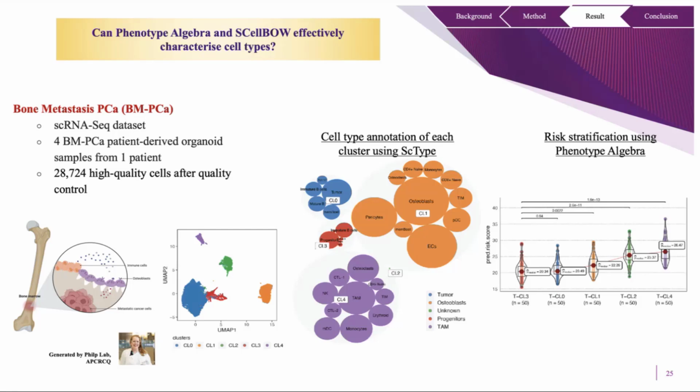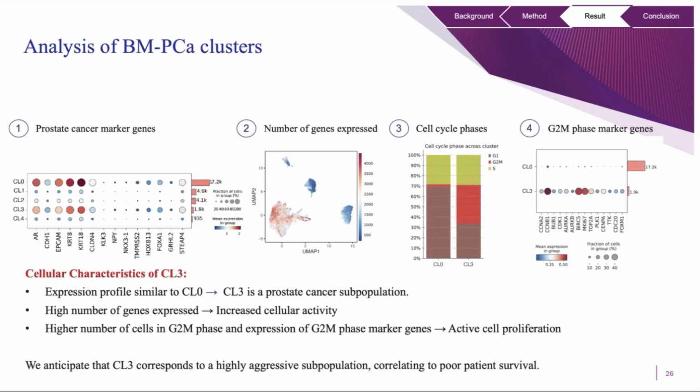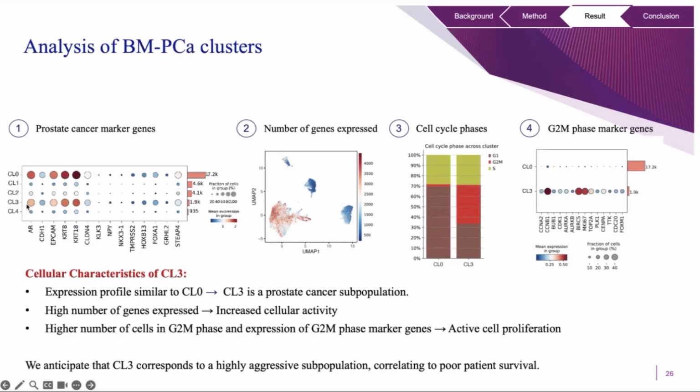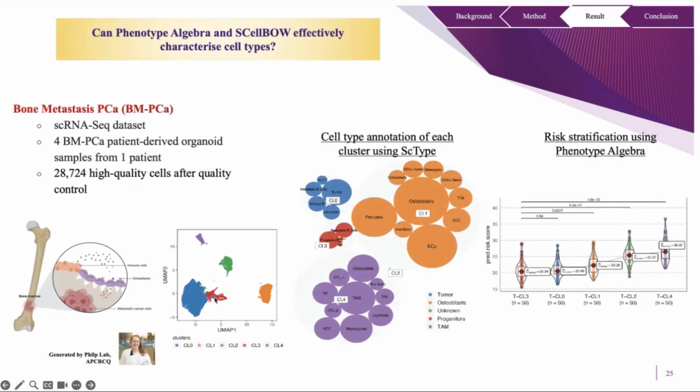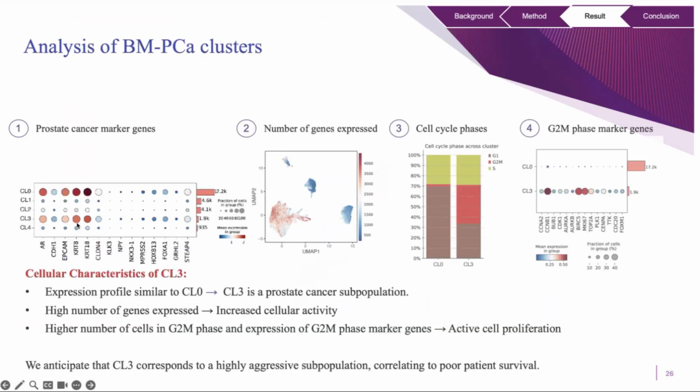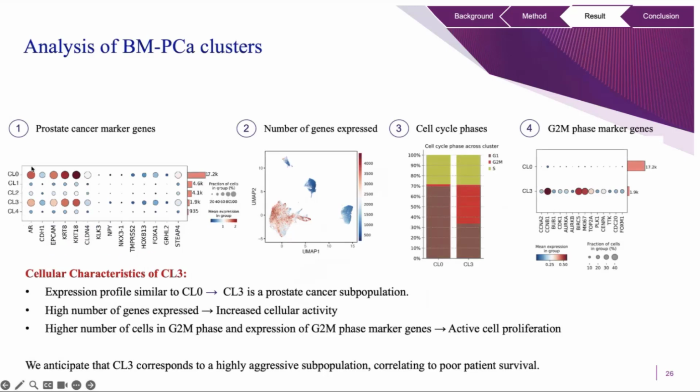When we did a bit of digging, we found that this particular cluster 3, which is attached to our main tumor cluster, has a very similar gene expression pattern to the tumor cluster. So it is evident that this is not a progenitor, this is rather a cancerous cluster.